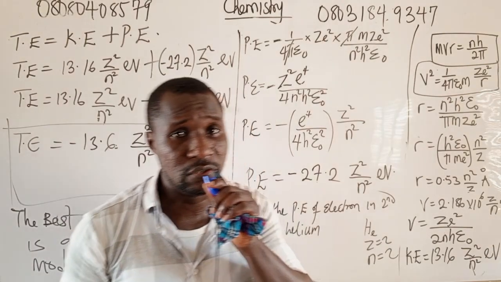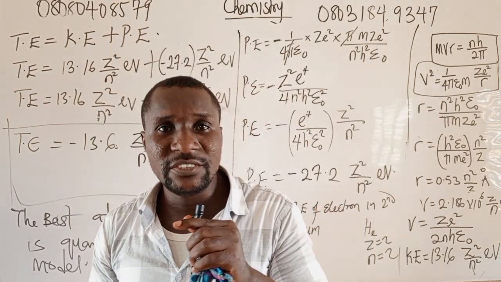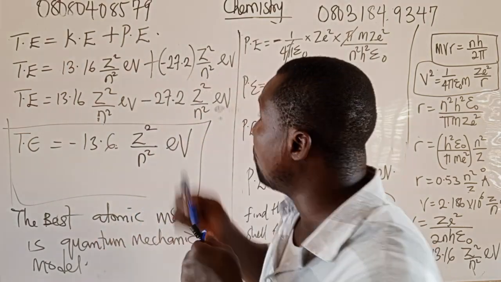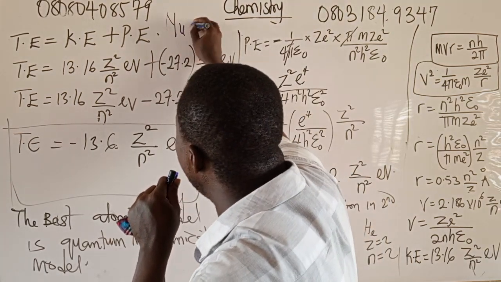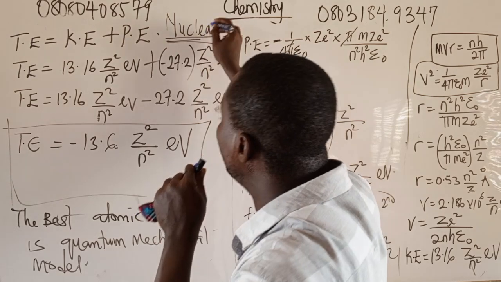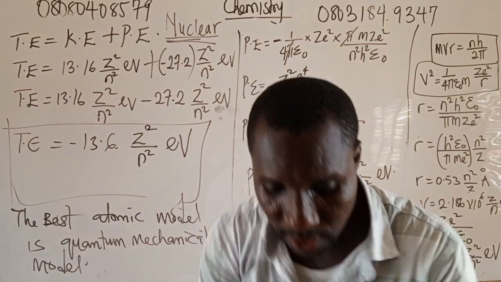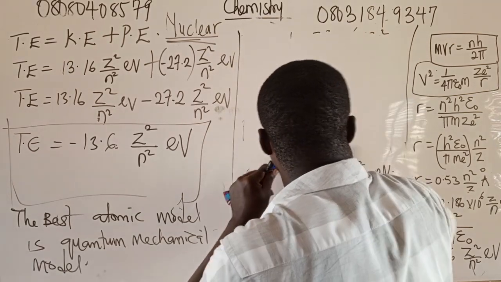Another thing they can ask you is this. Another name for the Ernest Rutherford model. The Rutherford model can also be called the nuclear model. Take note. Let me quickly say this because I saw the question in JAMB.